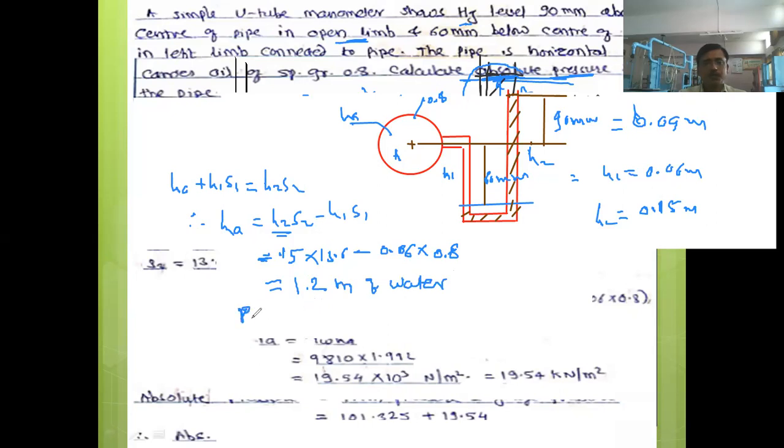So PA is equal to gamma W into HA. So 9810 multiplied by 1.2 is equal to, how much?